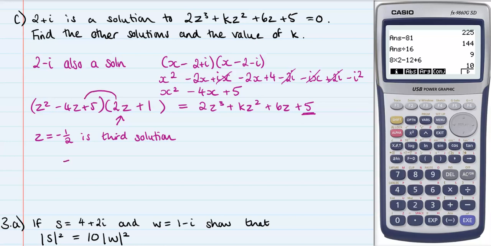So we've got minus 4z times by 2z is minus 8z squared. The other way we could get a z squared is from this multiplication here. So plus z squared would equal the kz squared in our expression. So minus 8 plus 1 is minus 7, so k is equal to negative 7.